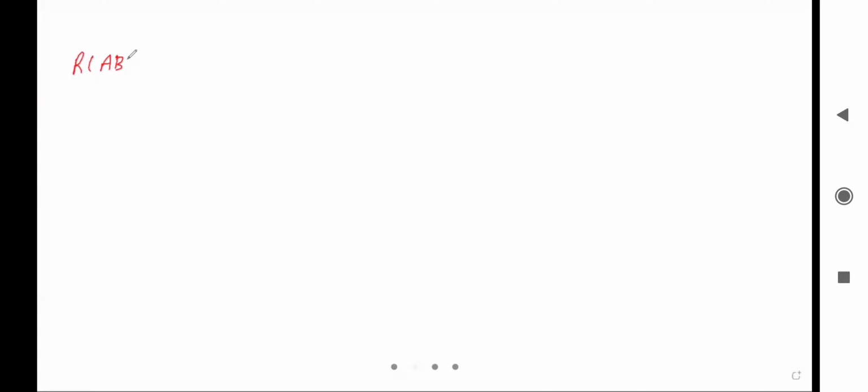R is a relation with the two attributes, right? So this is a binary relation.